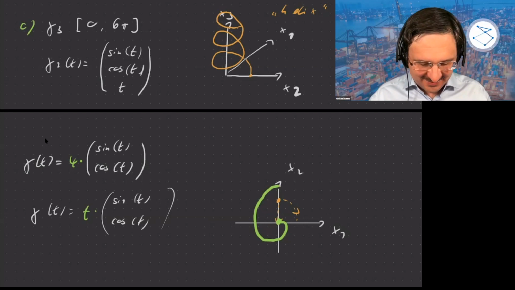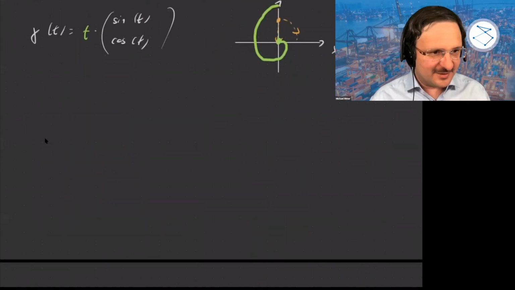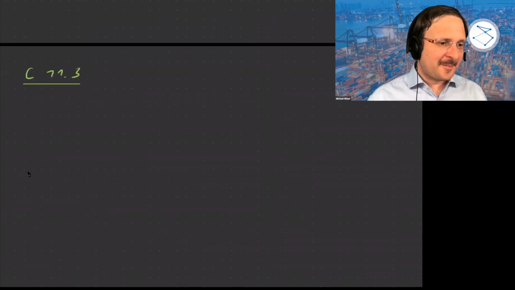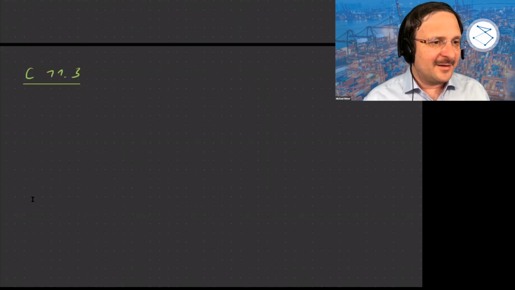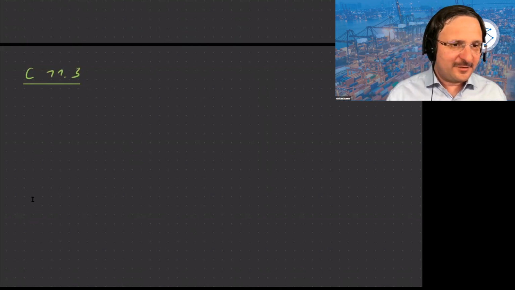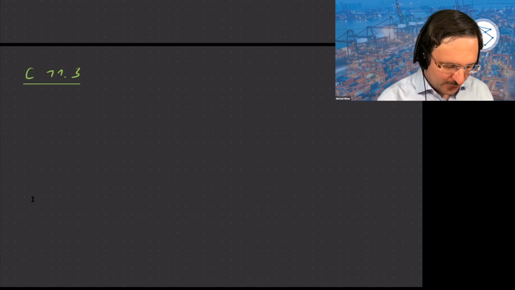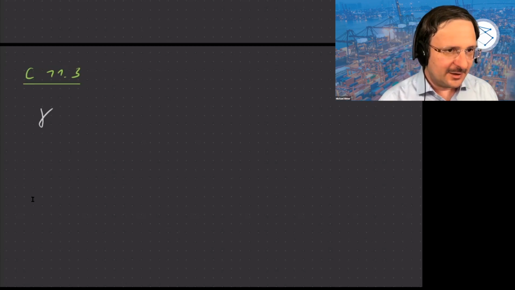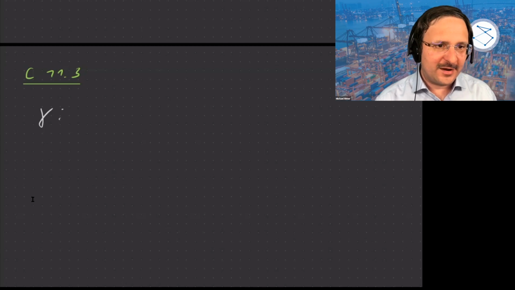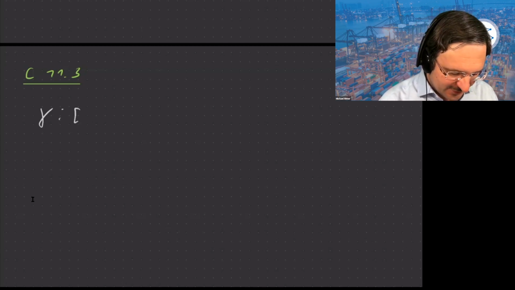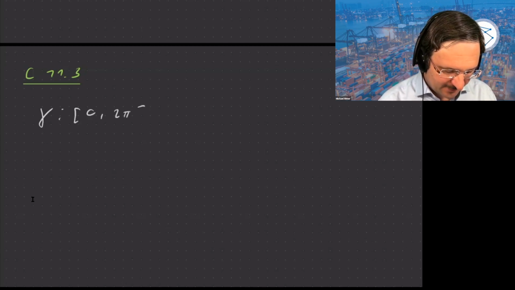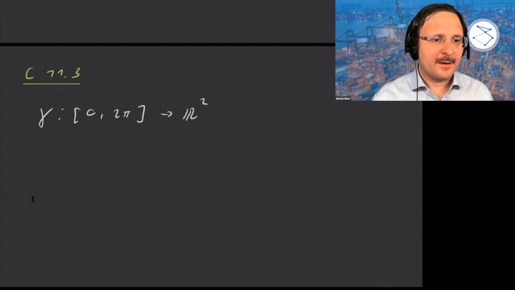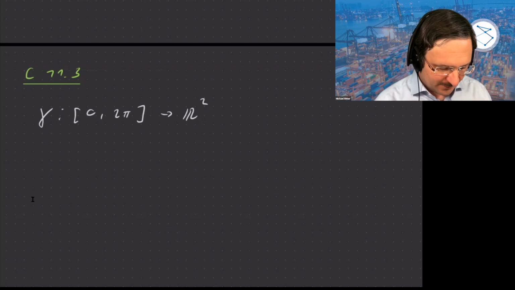Okay, thanks a lot. So let's move on then to 11.3. In 11.3, we are again given a curve, gamma, that is parameterized from 0 to 2 pi, with the codomain of R2.